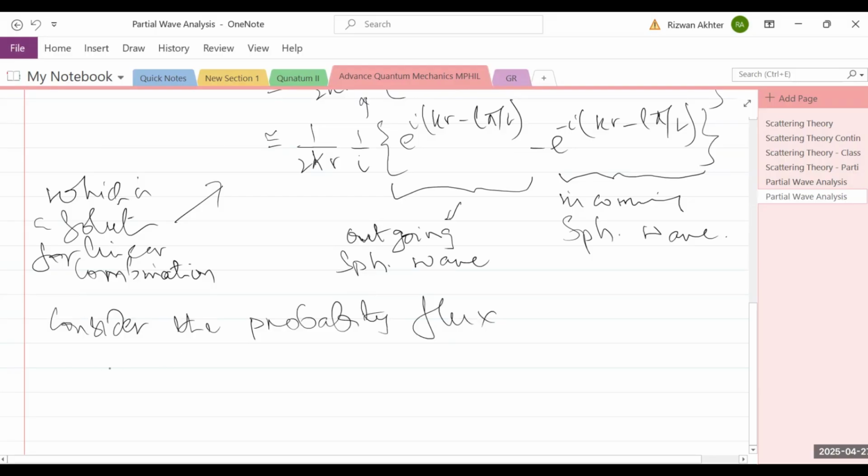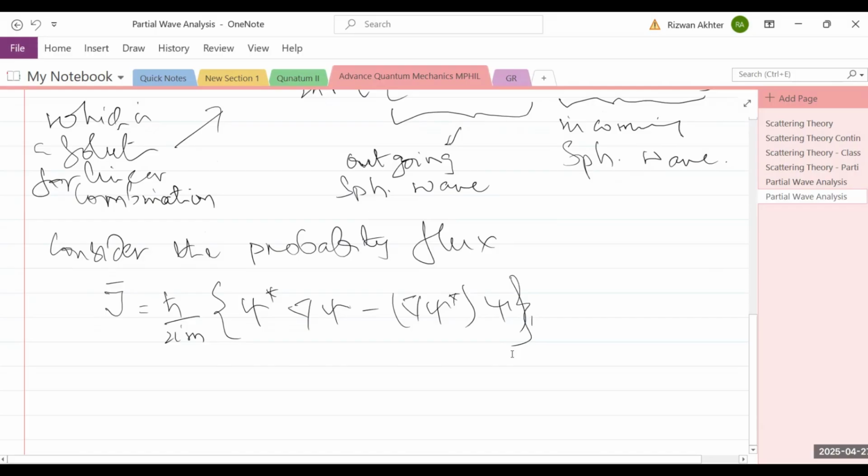And you know the probability current is equal to, quantum mechanically, J equals h bar upon 2 iota m, the coefficient, and then we have the complex conjugate of the wave function times the derivative of the wave function, minus the derivative of the complex conjugate of the wave function times the wave function. So this is basically the probability flux or probability current density.